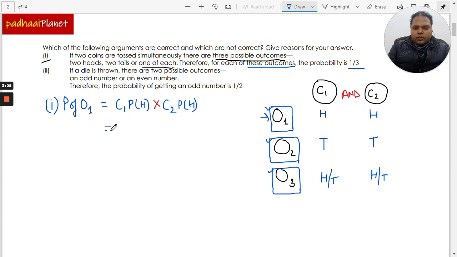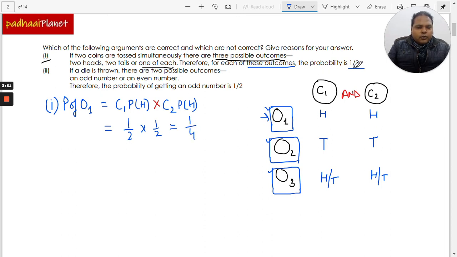So the probability of heads for coin 1 is going to be 1/2, because heads is one option, and the total number of possible options is 2. So that is 1/2 multiplied by 1/2, so that's 1/4.